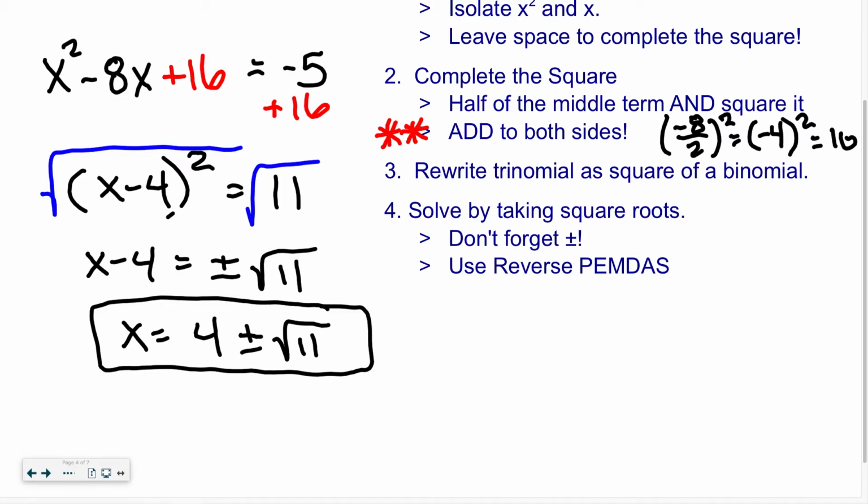Why do we say perfect square instead of just square? Just like you've been saying, perfect square trinomial. I don't know. Squares can't technically be not perfect.